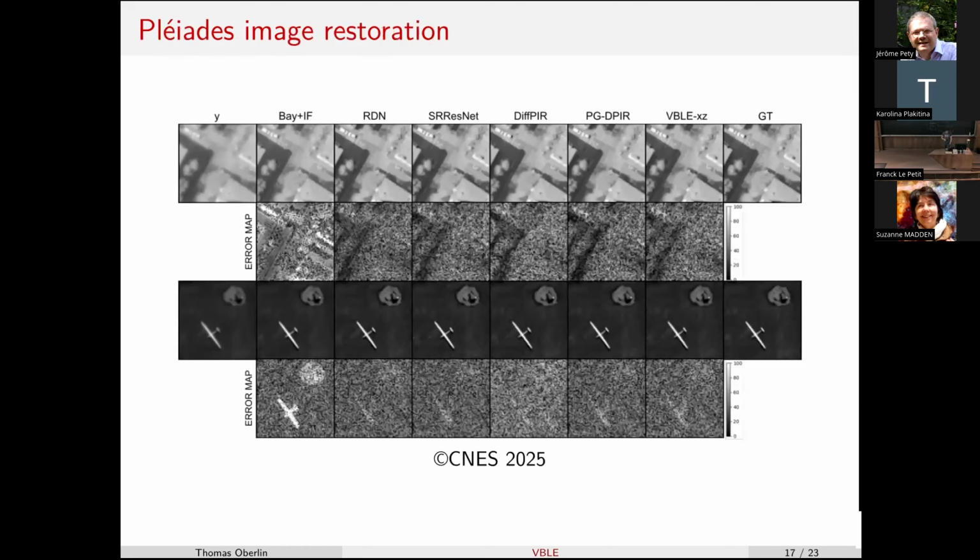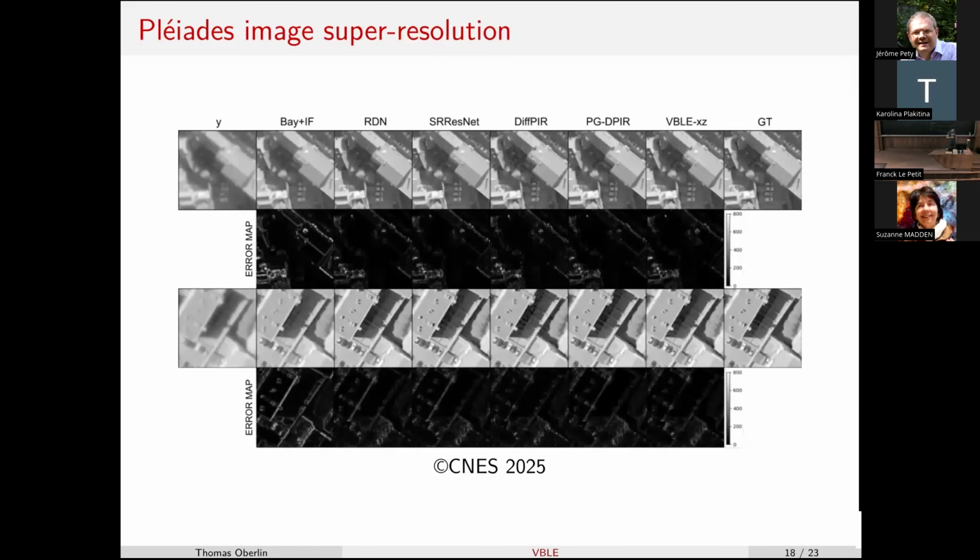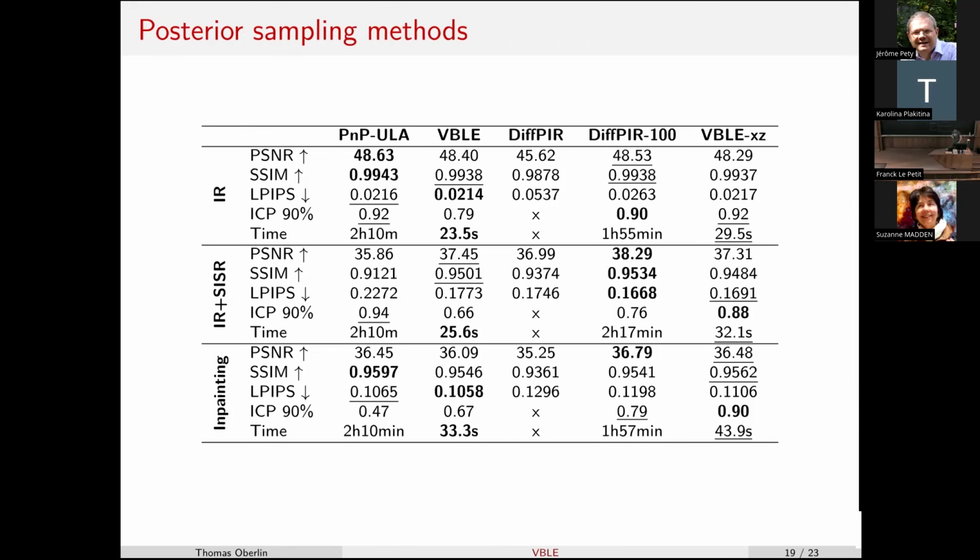But okay, here are some visualizations, but it's not very clear to see the differences, especially on the screen. For super resolution, you can see some artifacts, and the artifacts are different for the different methods, but you really need to zoom in. What is more interesting is the results among the posterior sampling methods.